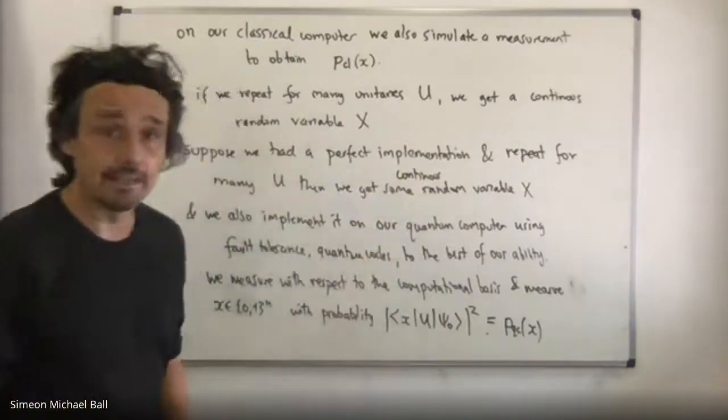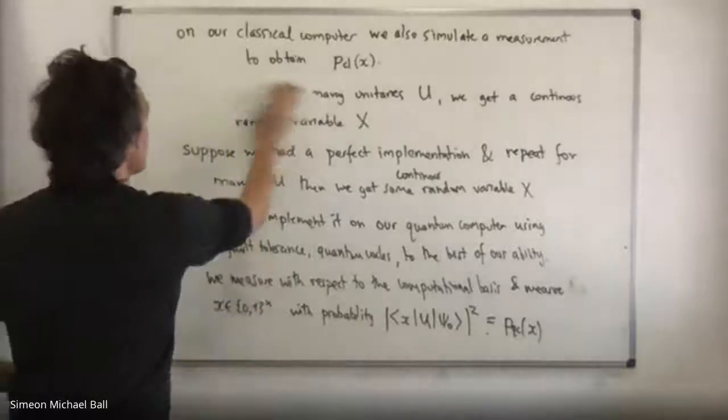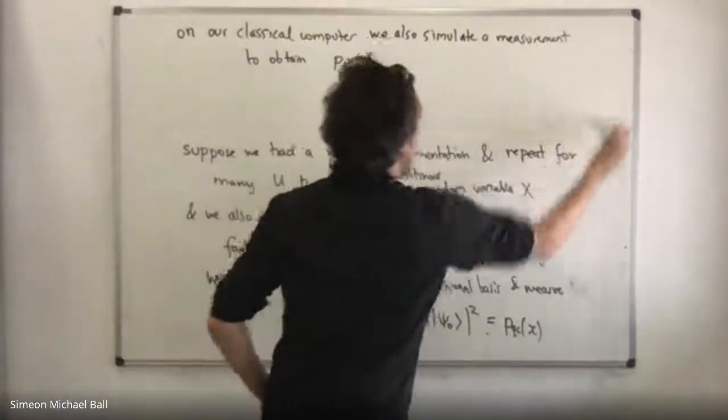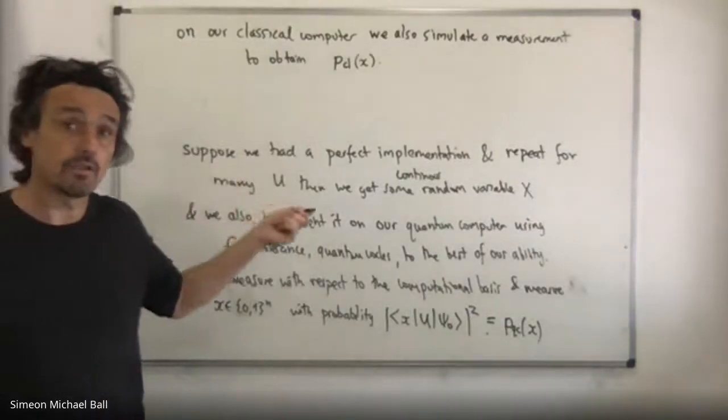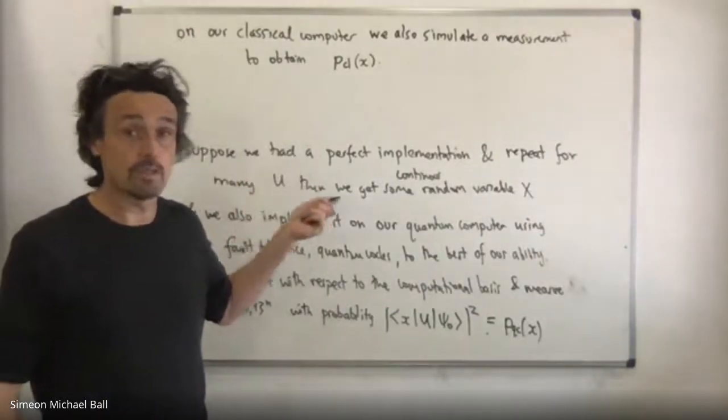And surprisingly, and this is not obvious, this has a calculable density function which we can calculate, which is not going to be uniform.